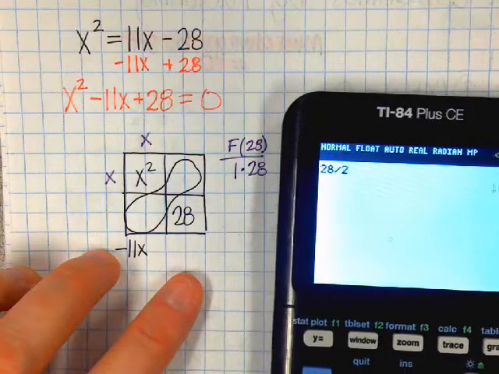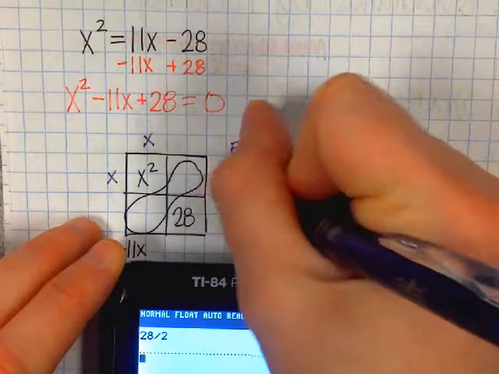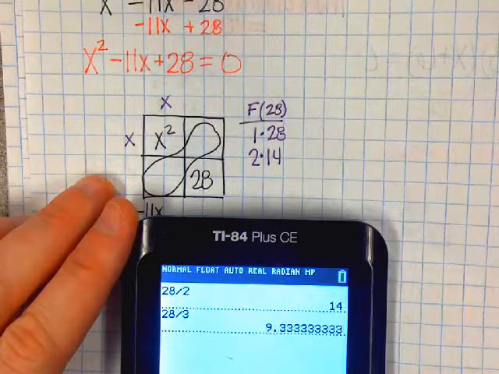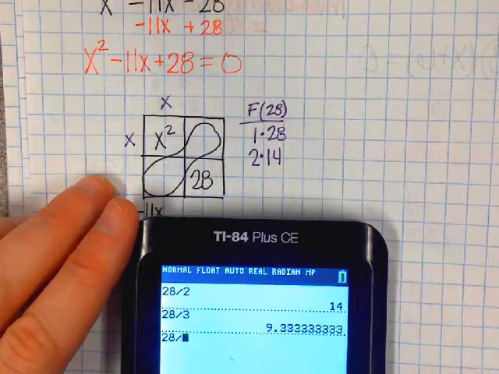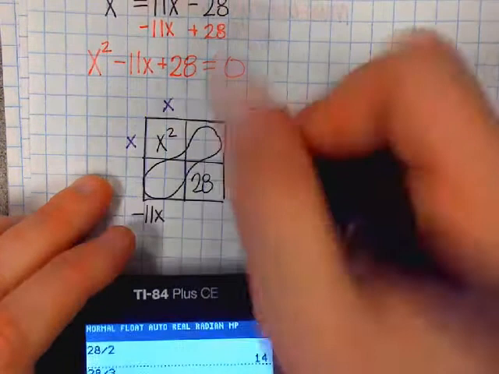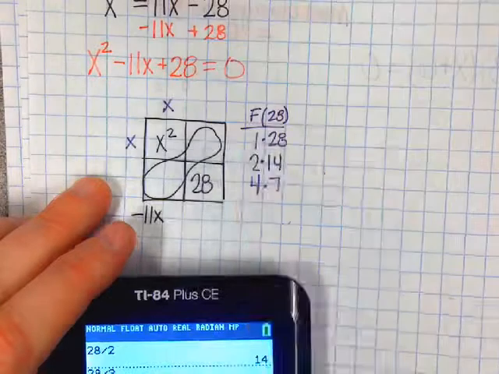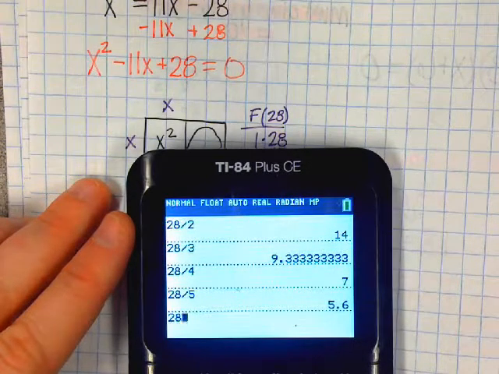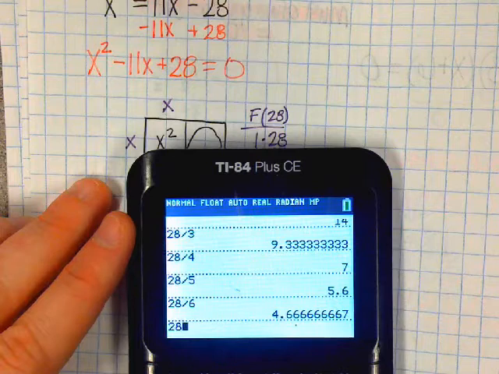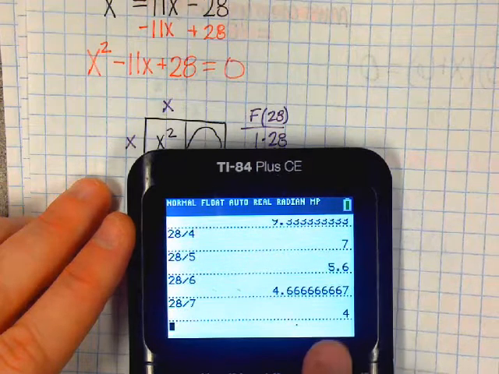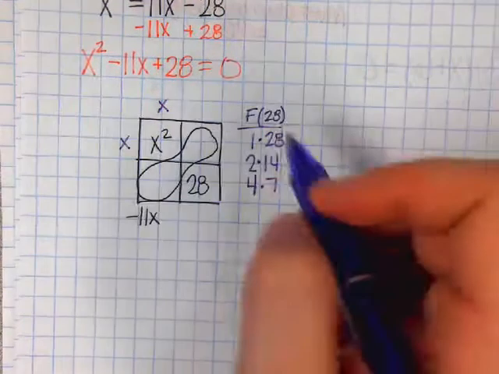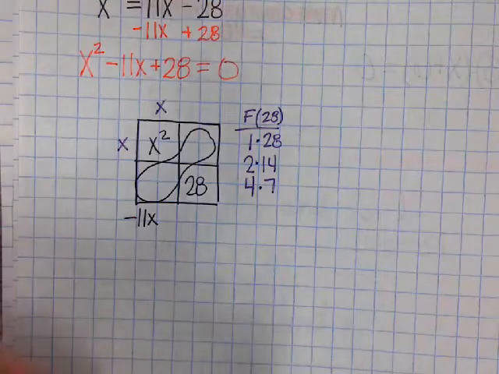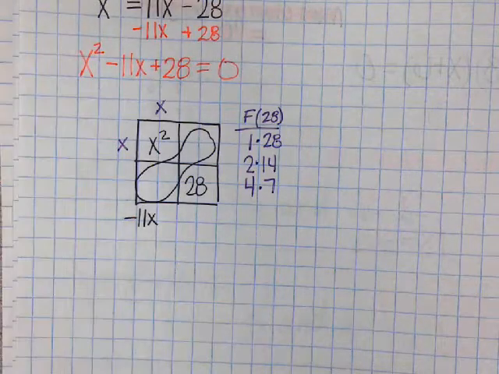So we know 1 times 28, and then 28 divided by 2 is 2 and 14. 28 divided by 3, that doesn't work. 28 divided by 4, 4 and 7. 28 divided by 5, 28 divided by 6, 28 divided by 7. I already have that one written, so that is the end of my list.